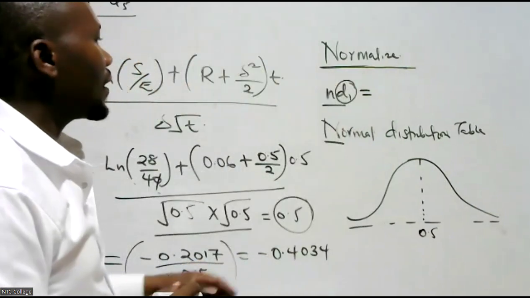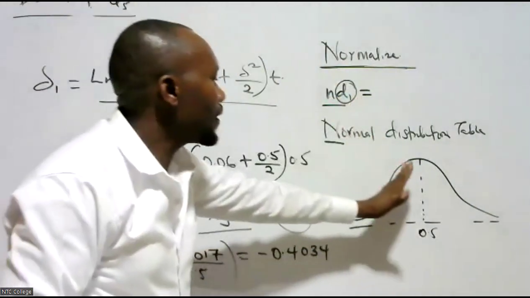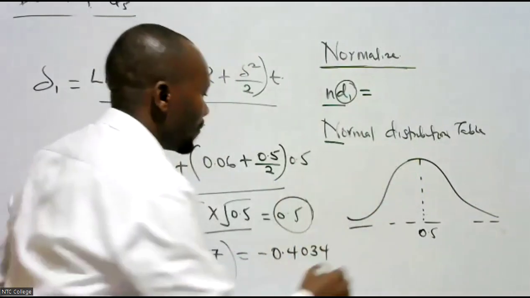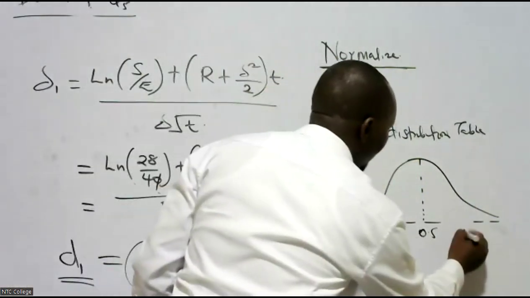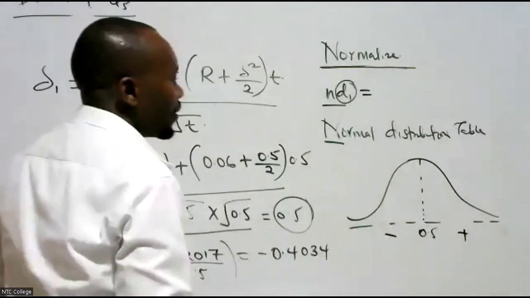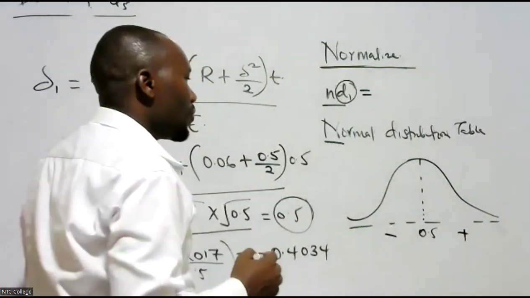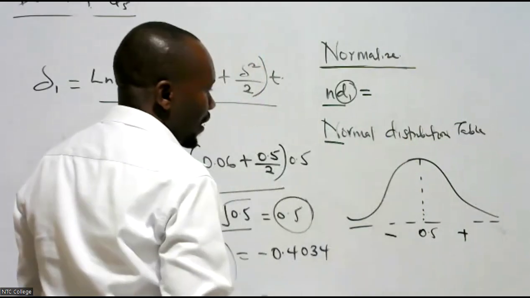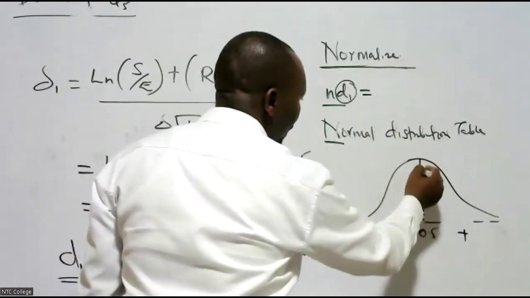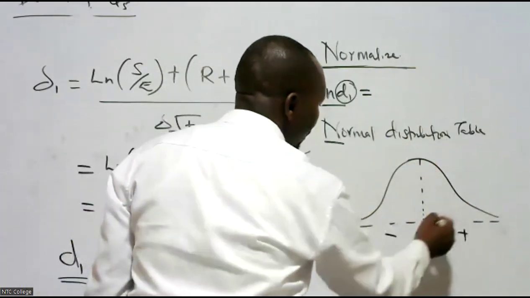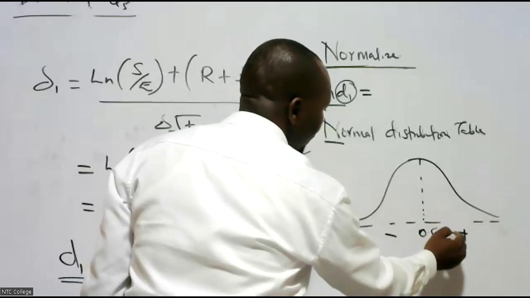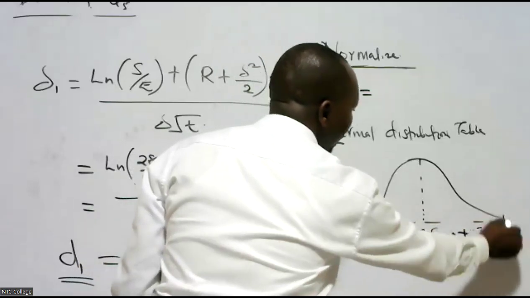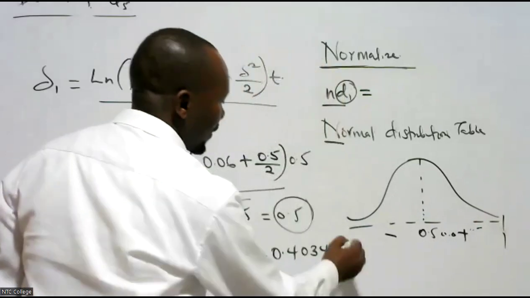The fact that it is negative means that it is falling on this side of half. So this is the negative side, this one is the positive side. If it is positive, you start counting from here, going like this. So this one will be 0.5, 0.6, 0.7, up to 1.